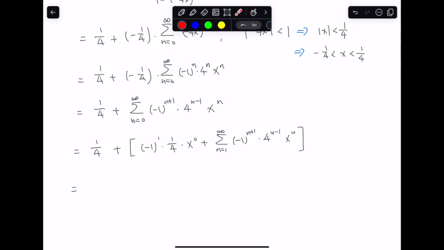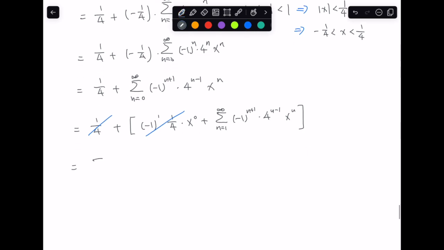And then what we see here is this 1/4 can be cancelled with this constant term that is taken away from the entire series, so we can cross them out to simplify the series. So the final answer of this series is going to be this 4 raised to n minus 1 multiplied with x raised to power n.